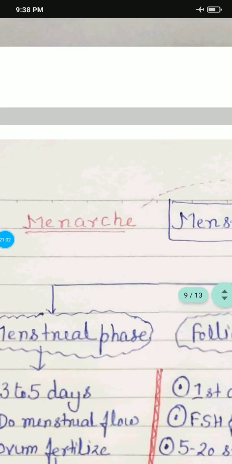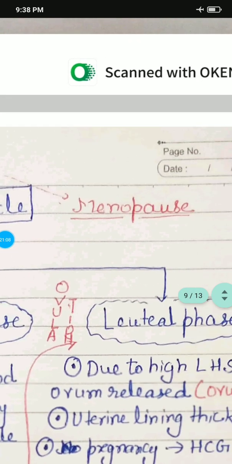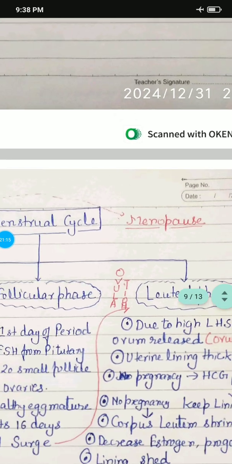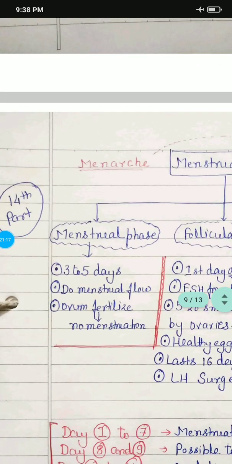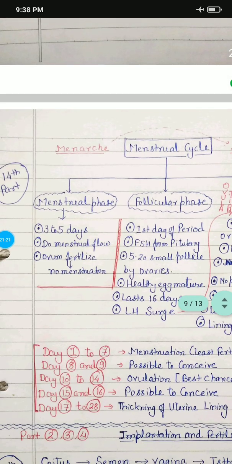Menarche is the first menstrual cycle in life, and menopause is when the menstrual cycle stops completely. So menarche happens at the age of puberty and menopause at an older age.